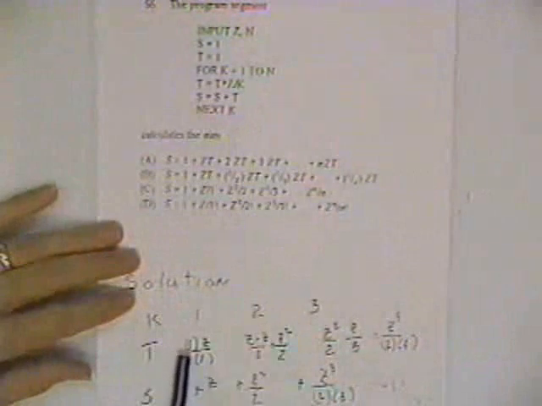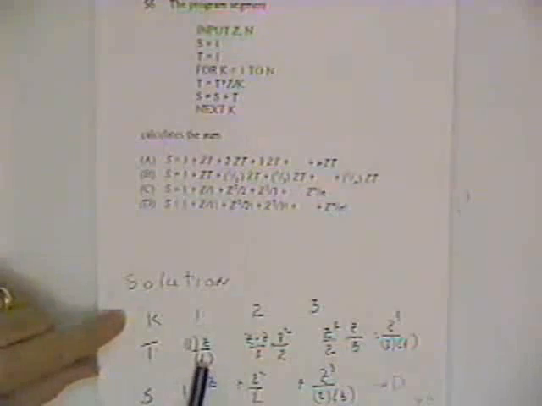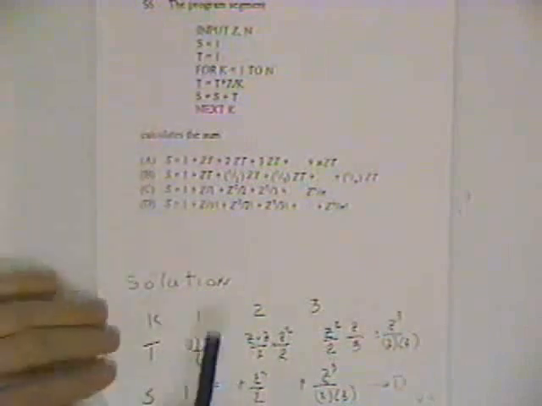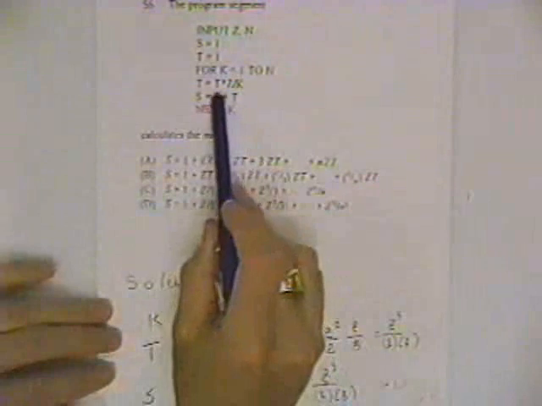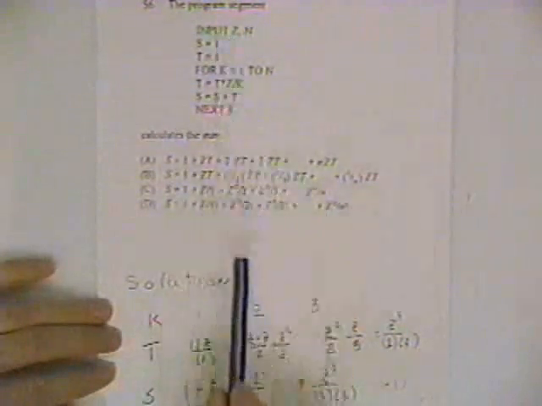So at that point t is assigned the value of t, which is 1, times z, divided by k, which is equal to 1. So then the value of t is equal to z. Then goes down to the next statement to evaluate the value of s. s is evaluated as the current value of s, which has been assigned a value of 1, plus t, which we just evaluated as z. So then, at that point, the value of s is 1 plus z.